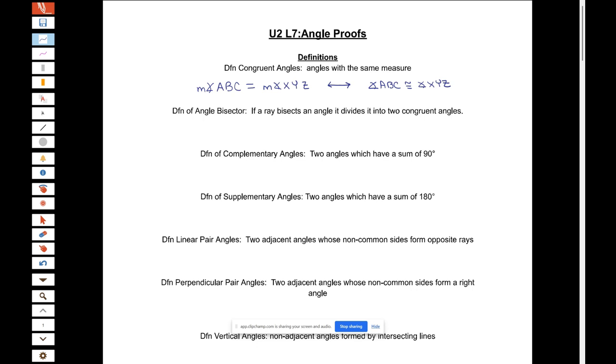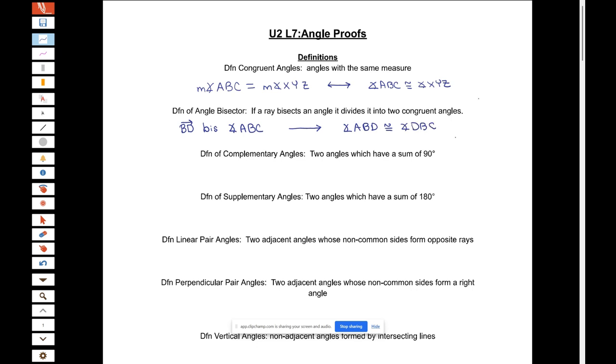All right, definition of an angle bisector. If a ray bisects an angle, it divides it into two congruent angles. So let's say I say ray BD bisects angle ABC. So you can use that to conclude that two angles are congruent. That would mean that angle ABD is congruent to angle DBC.